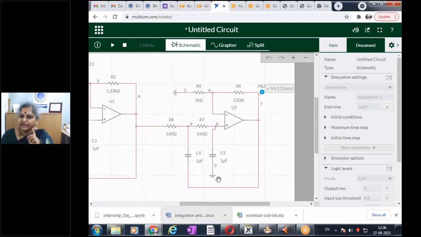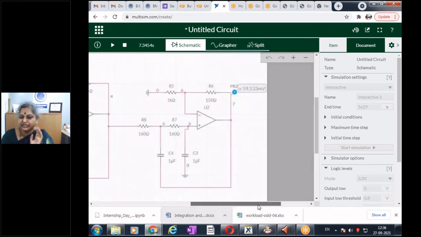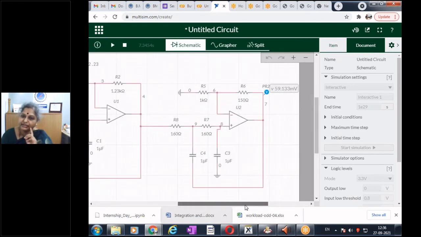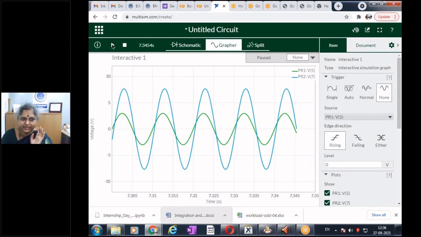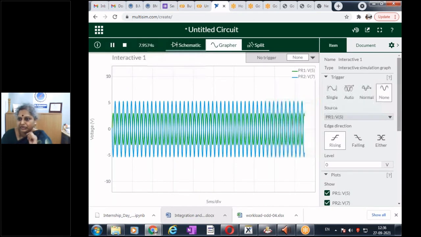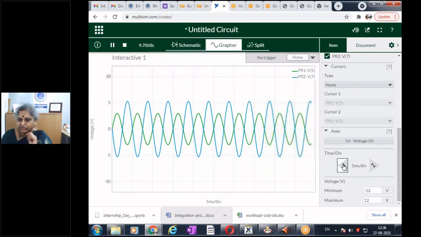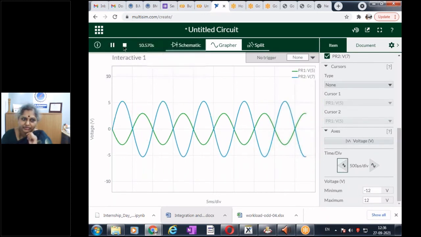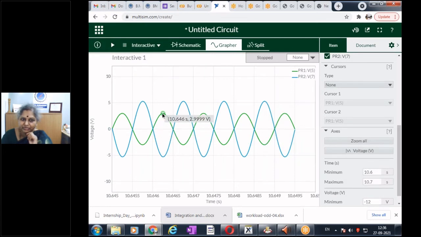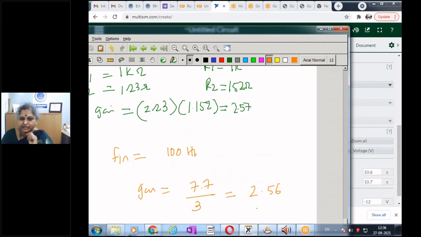Yes, so I've changed it to 1 kilohertz, and let us see what is my expected gain. Around 2.5 into 0.707 is what my expected gain is. Let us see whether we get that. Let's run it. I change it to 1 kilohertz. My input is green, output is blue. And what is the gain I'm supposed to get? My input is 3. What is my output? 5.2. So let's check what gain we are getting.